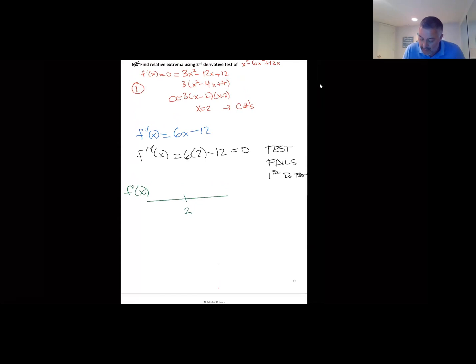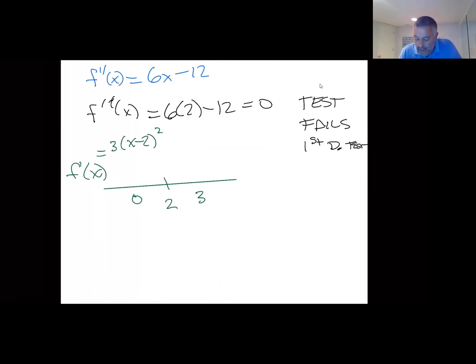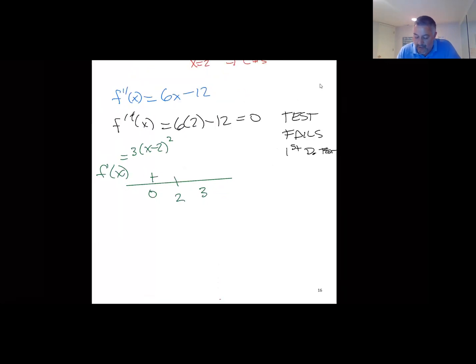And let's plug in 0, and let's plug in 3. And I'm going to use the factored form, which is 3 times x minus 2 squared. Think about that carefully. You can't get a negative number there. Plug in 0, negative 2 squared, positive times 3, positive. Plug in 3, you get a positive.